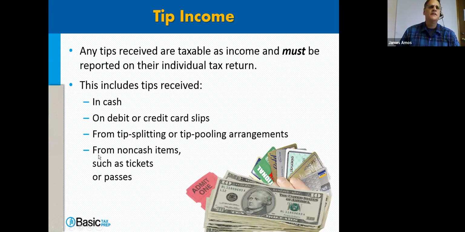It can also be non-cash items. You don't see this very often, but maybe I have an extra ticket to a game, and I decide, hey, I'm going to give this to my waitress because she did such a great job. I might hand her that ticket. Well, now that's income to her. The value of that ticket is income to her.